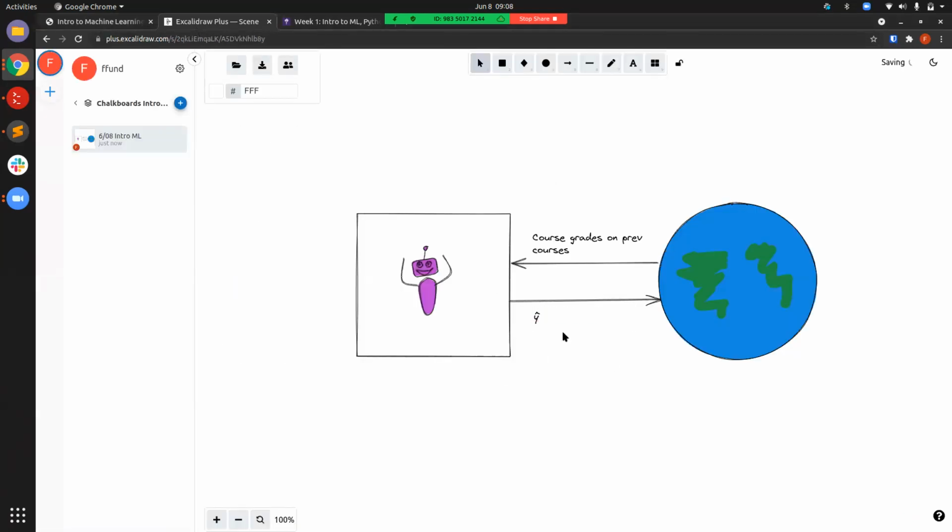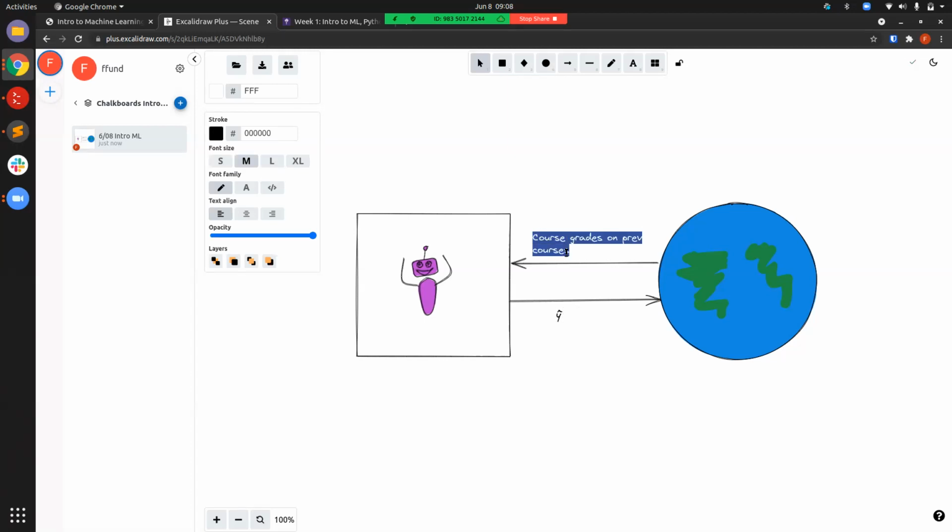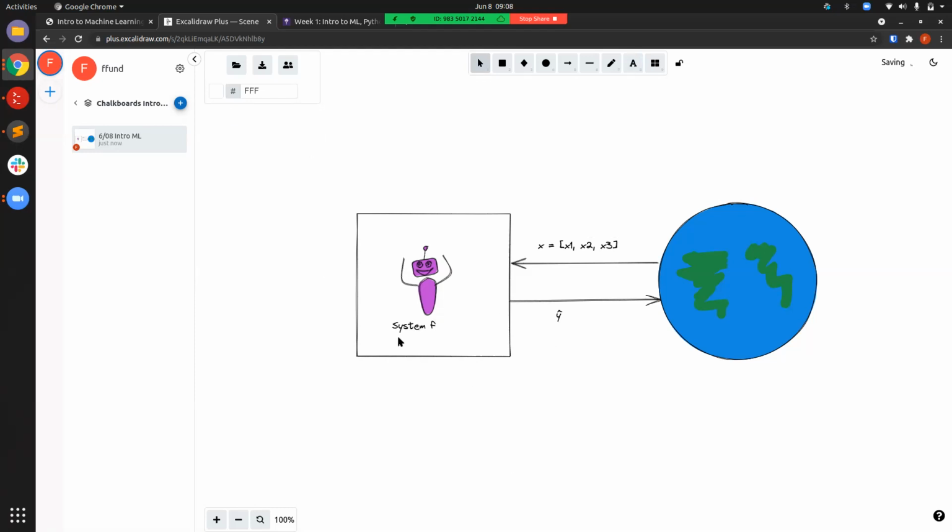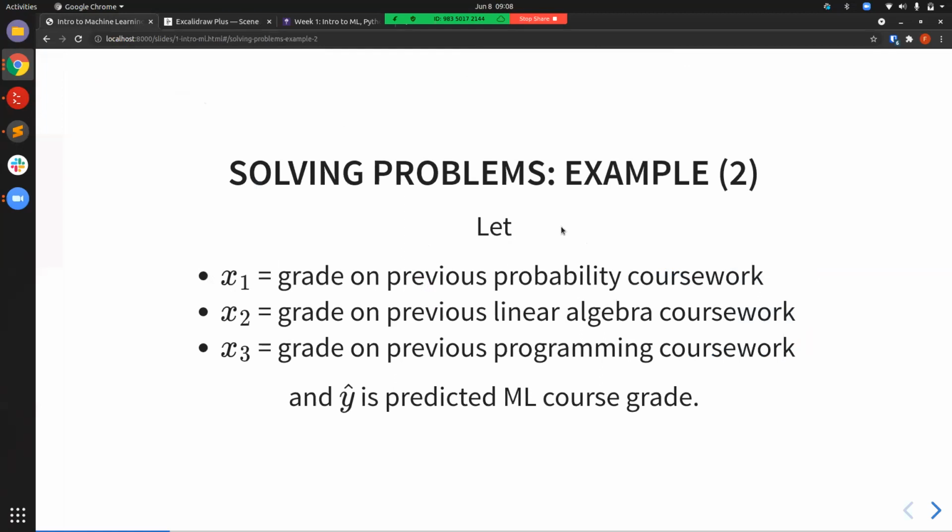My course grades on previous courses we can think of as a vector of 3 previous grades, x1, x2, x3. And then we have this machine learning system, which we'll call a system F. So now we have our framework set up.